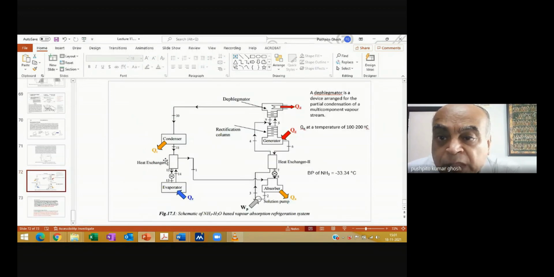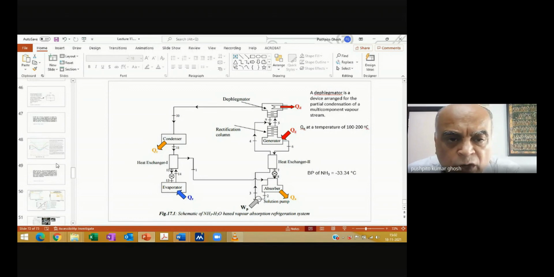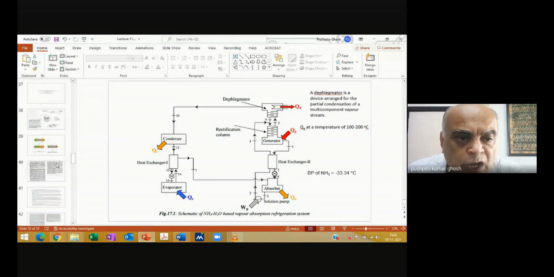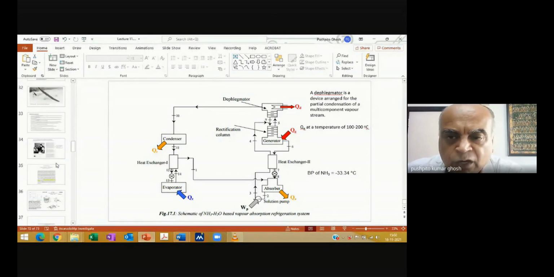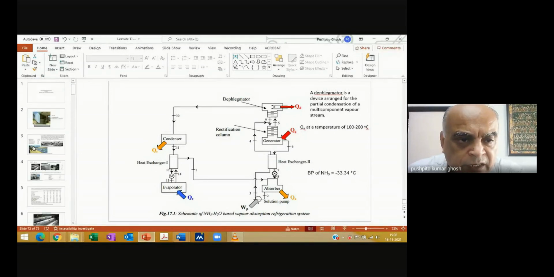This unit that I talked about, the rectifier, is also known as a dephlegmator. It's a device which allows you to partially condense one of the vapors from a multi-vapor stream. In this case, the multi-vapor is water and ammonia. So part of it will condense, the water will condense, and the ammonia will effectively pass on.